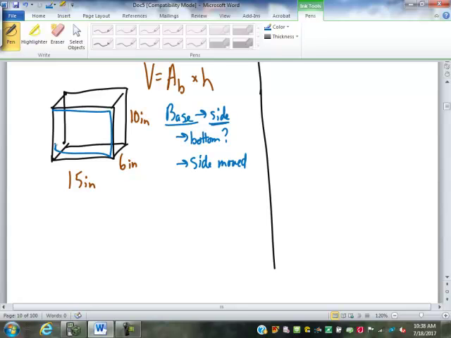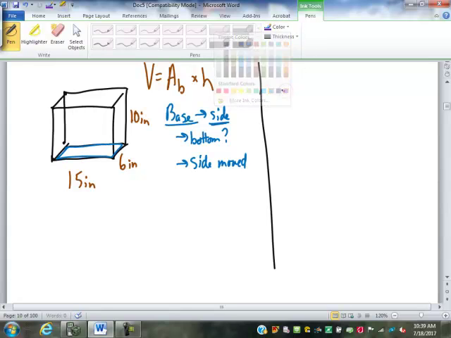Yeah, you guys get the picture. Any of those, the base is the shape that the object is based off of. It's not just the bottom of it. In this case, though, any of the sides could be the base, so we are going to take the bottom. So we're going to use this as our base.